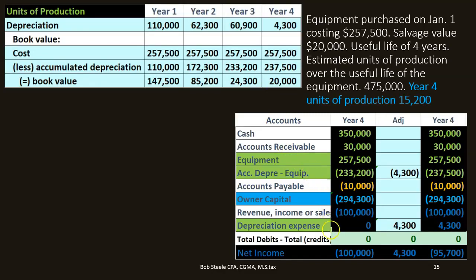In terms of the depreciation expense, we are at 0. Why? Because all prior year depreciation expense that we have recorded to this account has been closed out through the closing process to the equity account, in this case being the capital account.